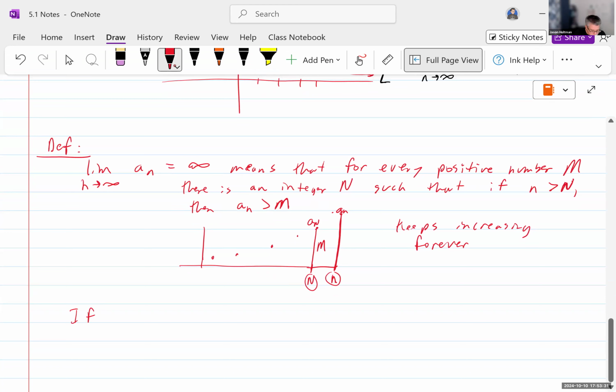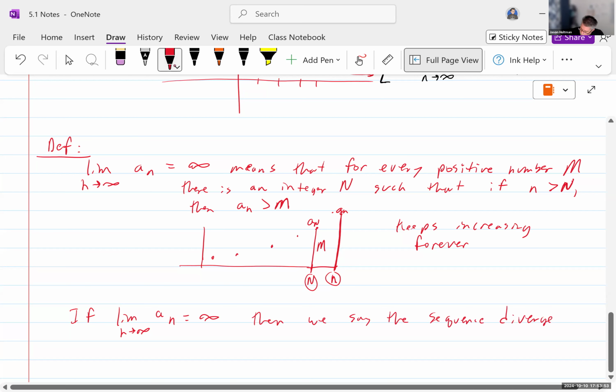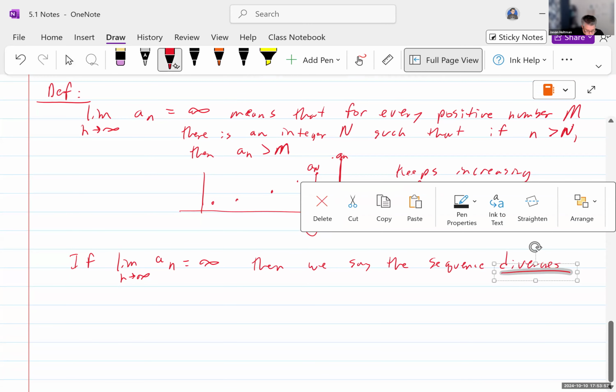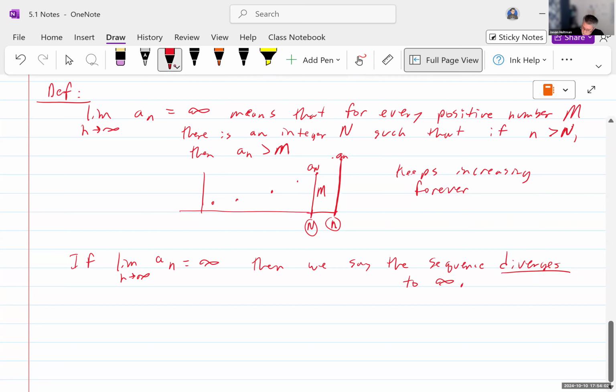If the limit as n goes to infinity of a sub n is equal to infinity, then we say the sequence diverges to infinity. The sequence diverges to infinity.